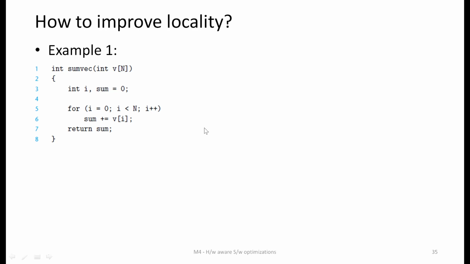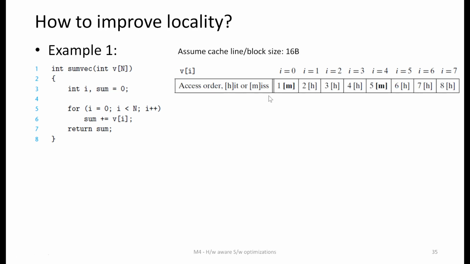Now if we want to look at the way the accesses would be, let's assume for the discussion that the underlying cache line or cache block size is 16 bytes and an integer takes 4 bytes. So typically a cache block will have 4 elements of this vector. If we look at v of i for i equals 0, 1, 2, and so forth, the access order would be something like this.